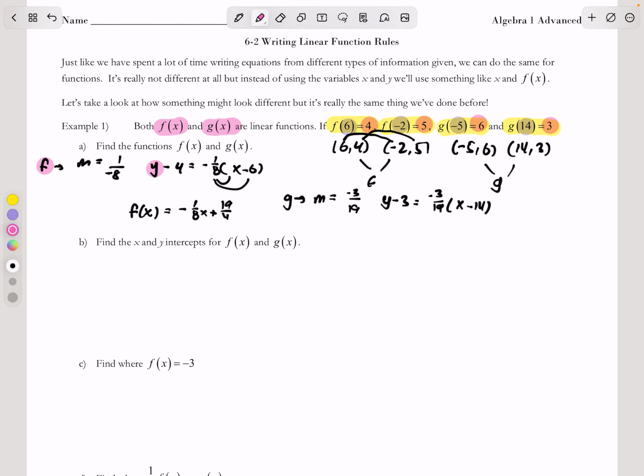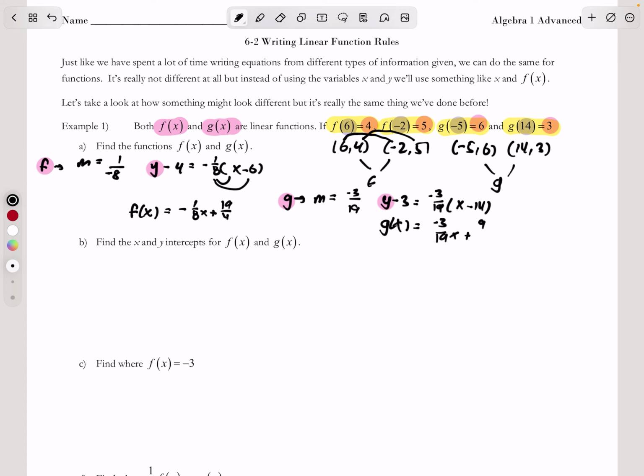And again, remember, y is the same as g of x. So I can say g of x equals, I'm going to distribute, negative 3/19 x plus 42 over 19 plus 3.